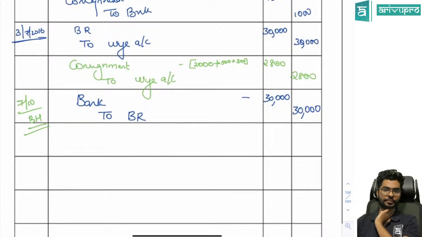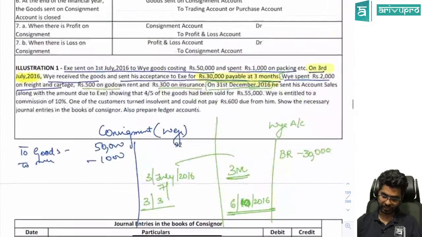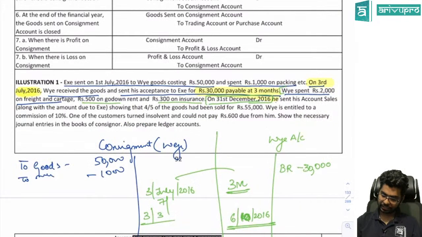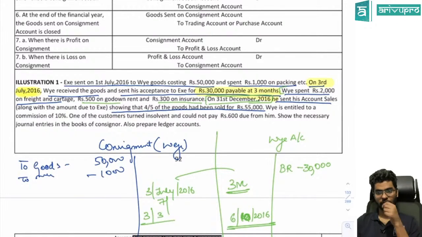Are you guys clear? Done. Now let's come to the next part. He sent an accounts sales saying that 4/5 of the goods have been sold for 55,000.